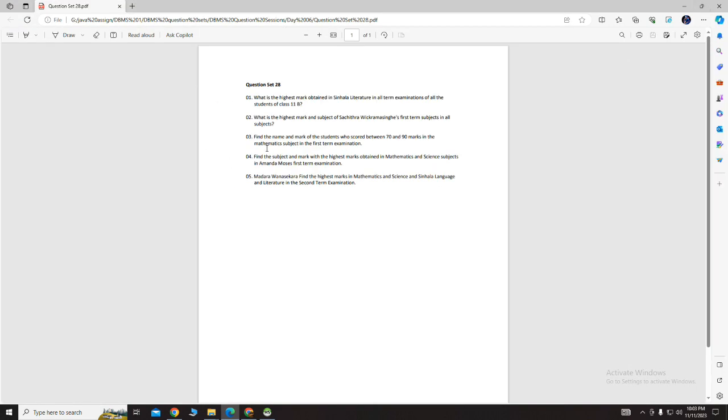For the fourth question, they say find the subject and mark with the highest marks obtained in mathematics and science subjects in Amanda Moses' first term examination.